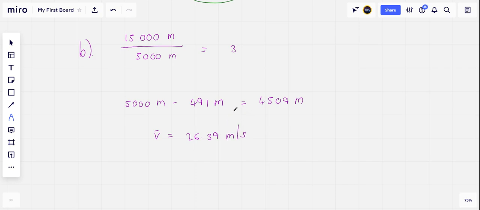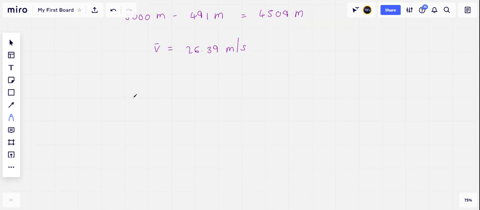Now the time taken for the 4,509 meters, we get by d is equal to v bar times t, like before, which means that t is the distance divided by the average speed, d over v.